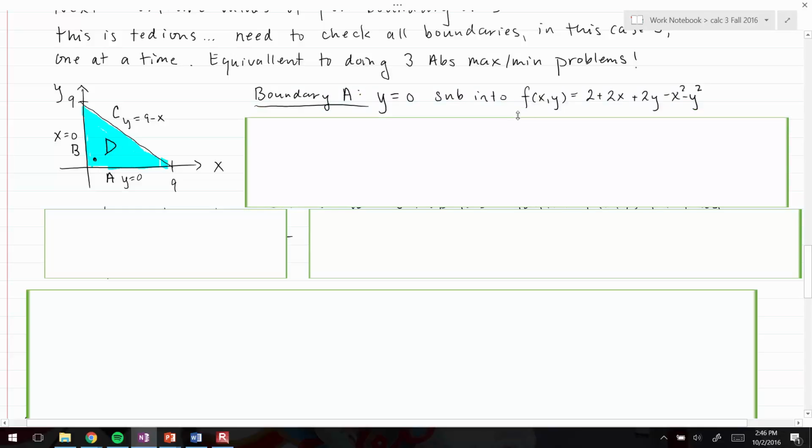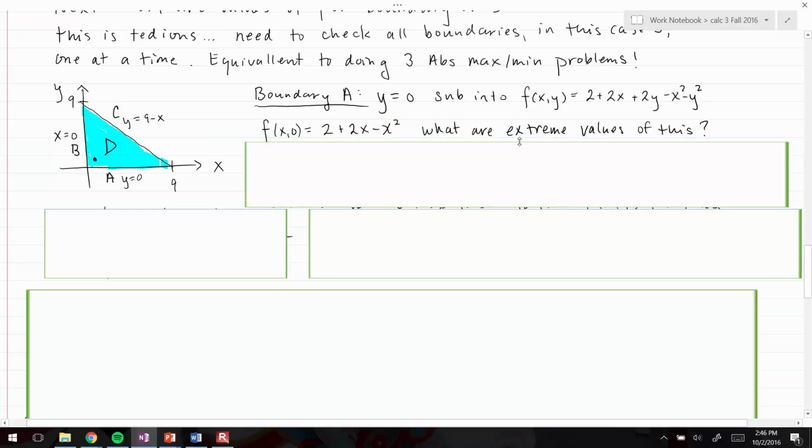Plugging y equals 0 into the overall equation is going to be a good start. Now we just have, in the vertical or out-of-the-page direction, the elevation defined only by x.